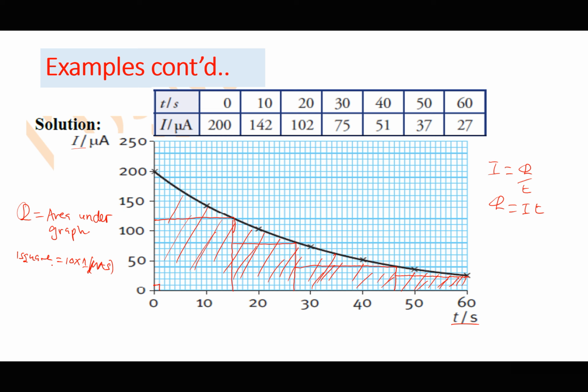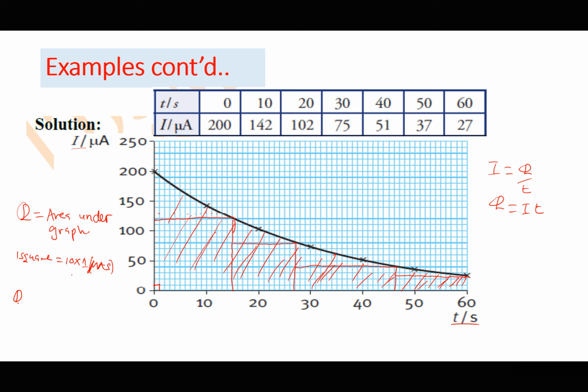So if you have the area of the regular shapes, you just multiply it by what one square stands for. I mean, if you have the area of the regular shapes, you'll add the area of the smaller squares. The remaining squares, you'll count the full squares, and you multiply by 10 microampere seconds to get the area of the full squares. Then you get the area of the half squares.